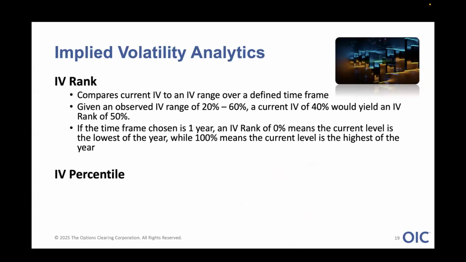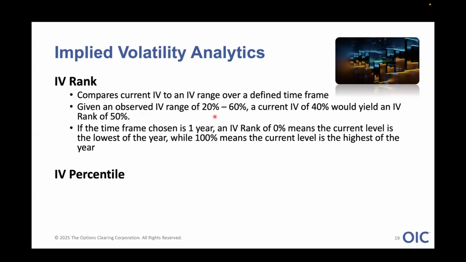So if I look at a chart and I see that the low point of the year or 2-year period, or whatever period I'm looking at, is 20%, and the high point is 60, and the current implied volatility is 40, well, that's right in the middle of this range, right? So that would yield an IV rank of 50%. In other words, options are neither really cheap nor really expensive.